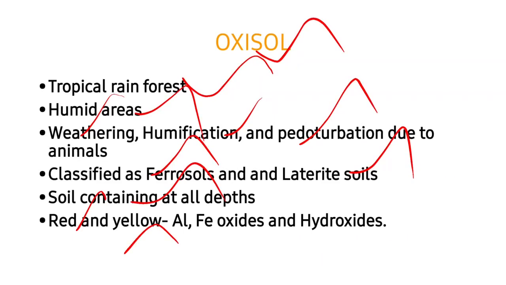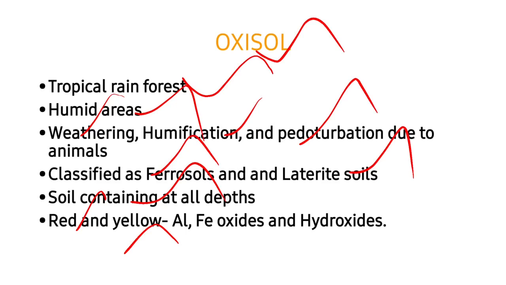I'll stress a few points once again. Inceptisol is the largest soil order in the world, covering 20%, and Entisol is the second most important and abundant after Inceptisol, and it has only an A horizon.